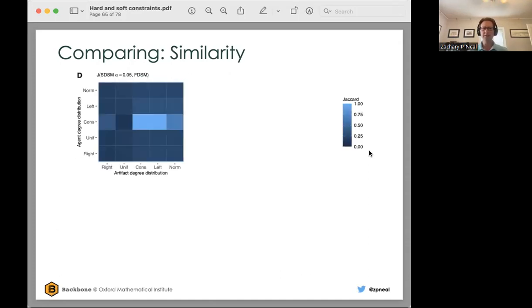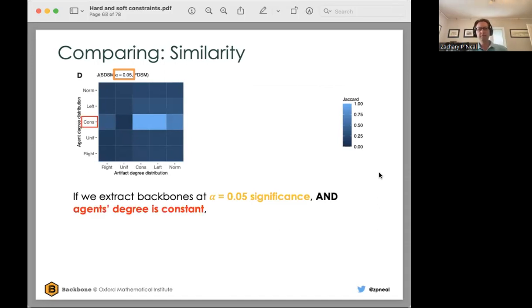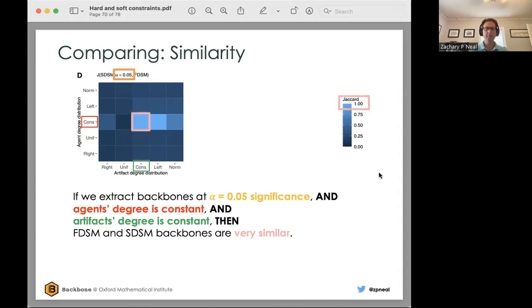So there's a lot going on in this figure. I'll walk you through it piece by piece, and we can see what's going on here. So if we extract a backbone at the alpha 0.05 significance level, and if the bipartite we're extracting it from is such that the agent's degree is constant, so every agent had the same degree, all the row marginals are the same, and if the bipartite graph we're extracting it from, the artifact degree is constant, that is, all of the column sums are the same, then the backbone we get using FDSM, hard constraints, and the backbone we get from SDSM using soft constraints is very similar.